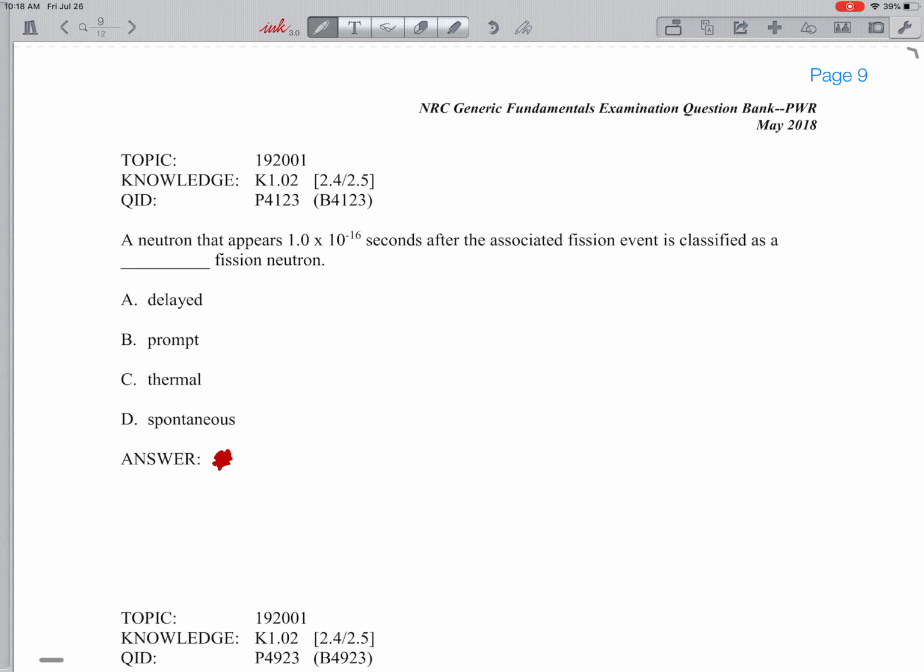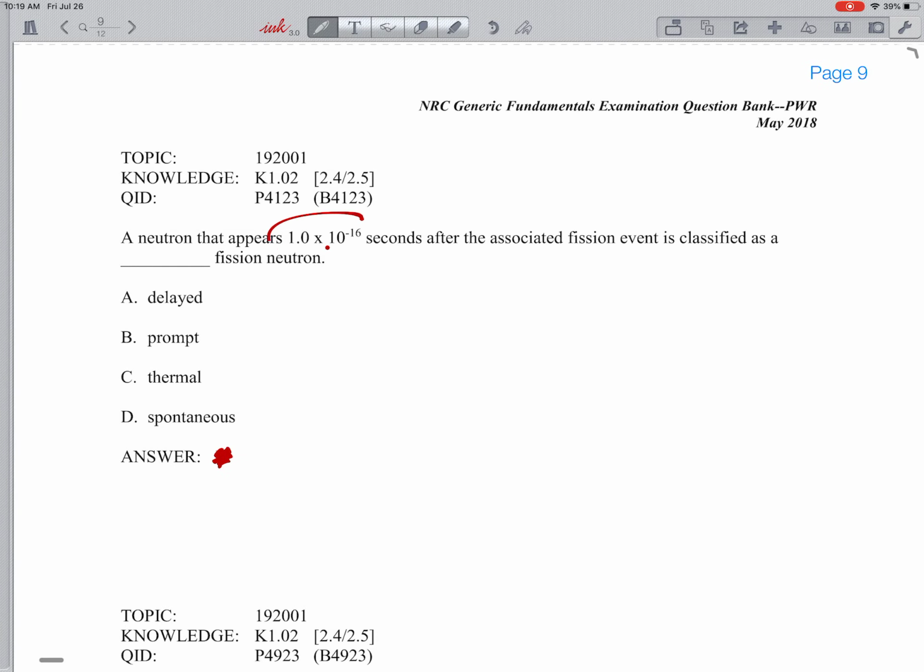A neutron that appears 10 to the minus 16th seconds after the associated fission event is classified as a blank fission neutron. So now we're getting a little tricky, right? 10 to the minus 16th. This of course is a timeline question. So I would write it out again, right? You got 0 seconds, 10 to the minus 14.